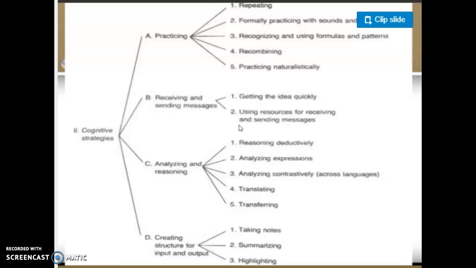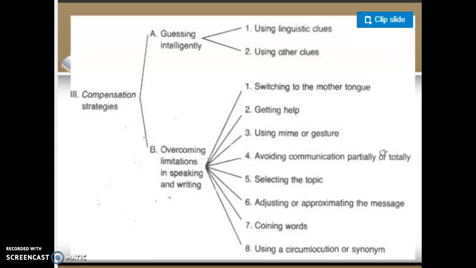Analyzing and reasoning is by reasoning deductively, analyzing expressions, analyzing, translating, and transferring. Creating structure for input and output is by taking notes, summarizing, and highlighting. So here are some strategies in learning a second language by the learner, some specific actions taken by the student.